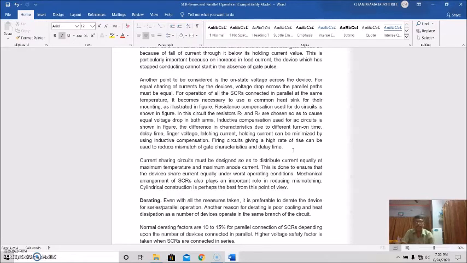The mechanical arrangement of SCRs also plays an important role in reducing mismatch. Cylindrical construction is perhaps the best from this point of view. So there are so many factors you have to take into consideration for the parallel operation of the SCRs so that nothing unwanted may happen.